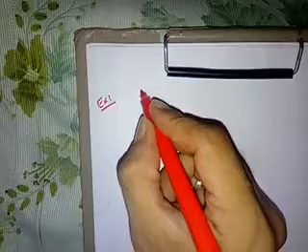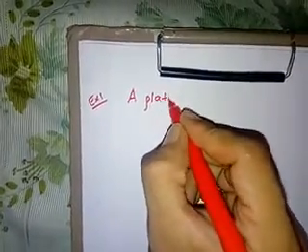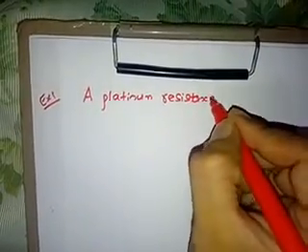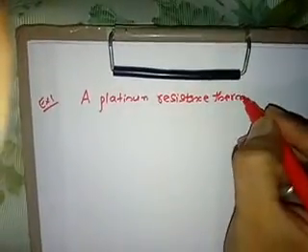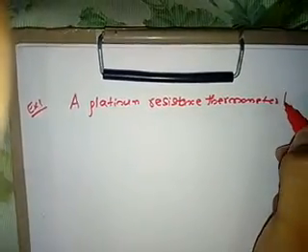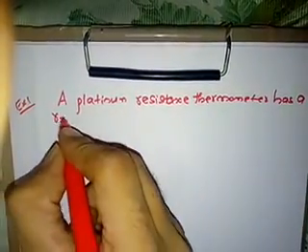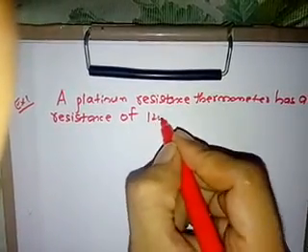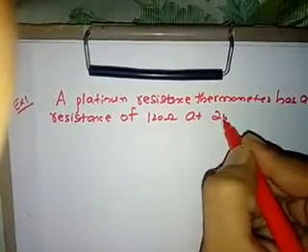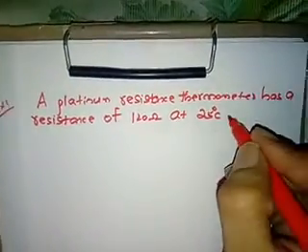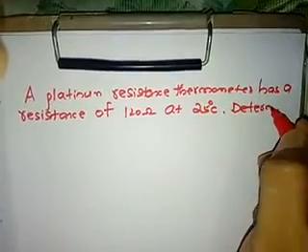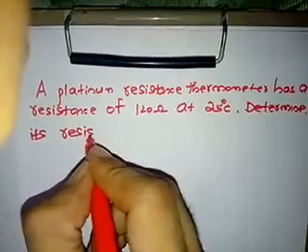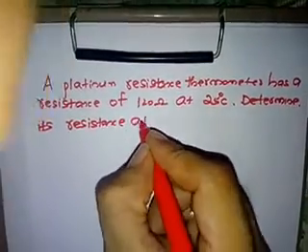A platinum resistance thermometer has a resistance of 120 ohm at 25 degrees Celsius. Determine its resistance at 75 degrees Celsius.